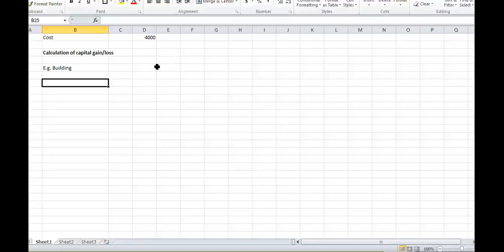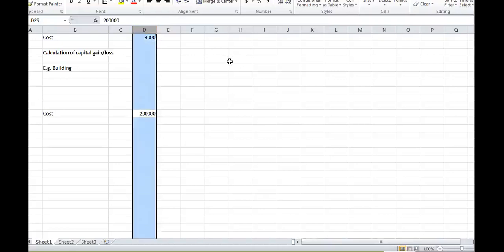I have purchased a building, and the cost of the building is say 2 lakh.